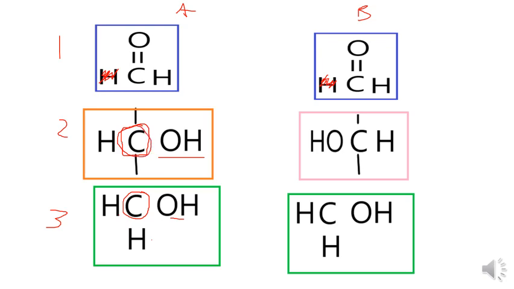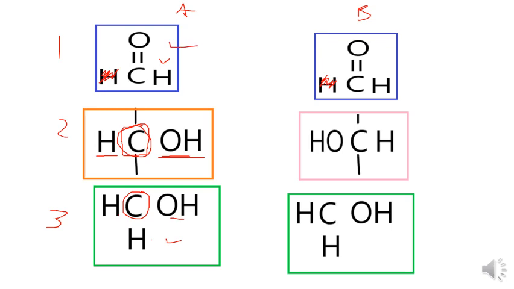Now let's look at the center carbon. Does this carbon have 4 different things attached to it? It has an H, an OH, this structure and this structure. So it actually has 4 different things attached to it.